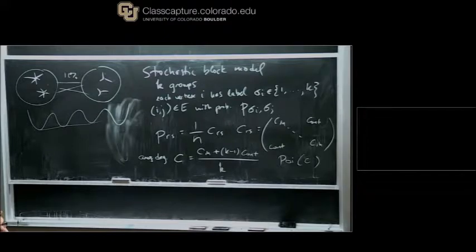For the purpose of my remaining time, I will stick to this special case where we know the entire graph, we know that a priori the labels are uniform, and we know this matrix.